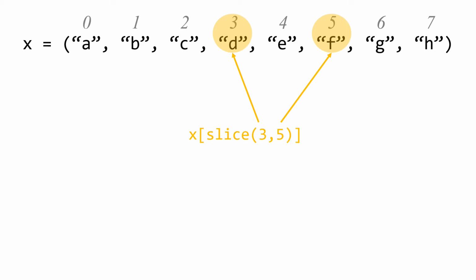So this slice operator will slice and retrieve these two elements from start until end. So the output for this instruction will be D and then E.